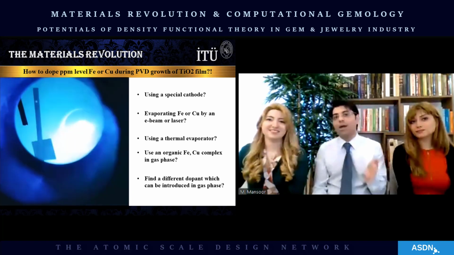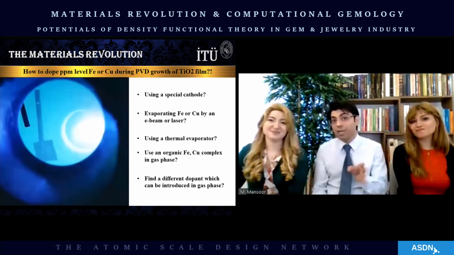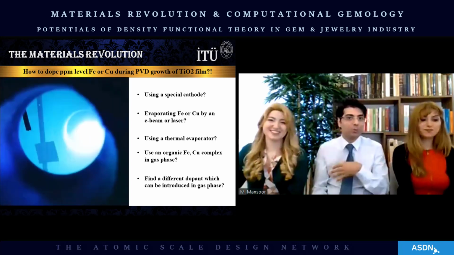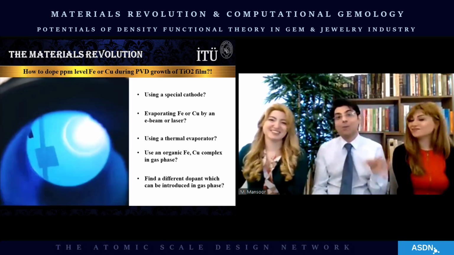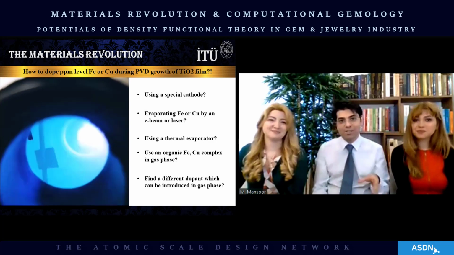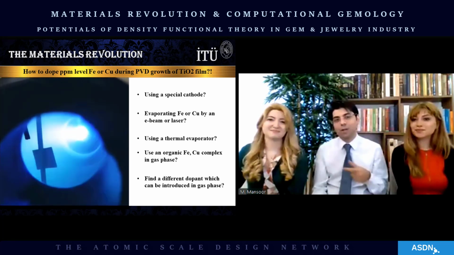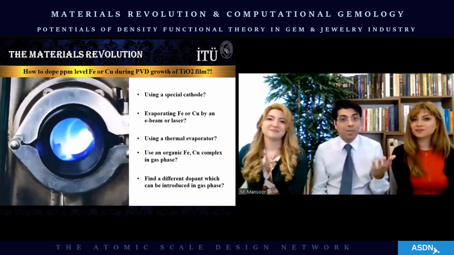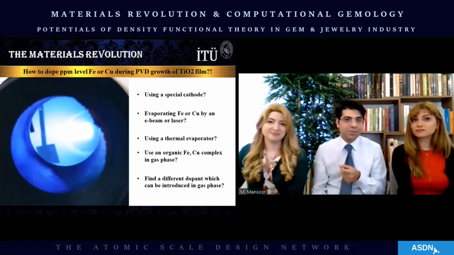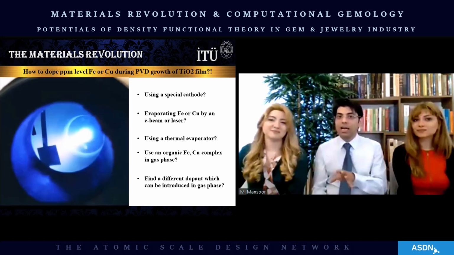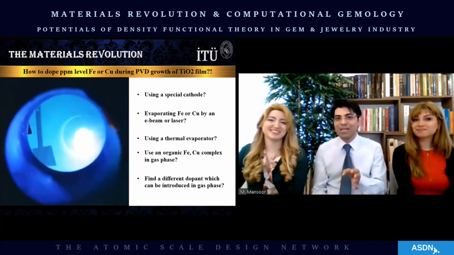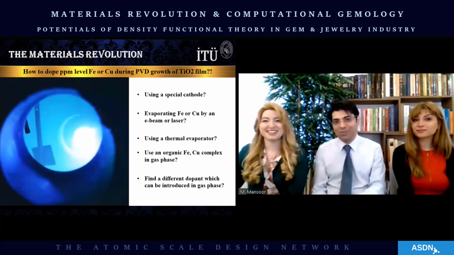I mean, it would be quite difficult to do it. Perhaps a special cathode might be used, which would be extremely expensive, or maybe using E-beam or lasers to evaporate a few parts per million of copper or iron, or maybe some iron or copper complexes in gas phase. But all in all, we thought to explore alternative solutions because these are both expensive and very difficult to do.